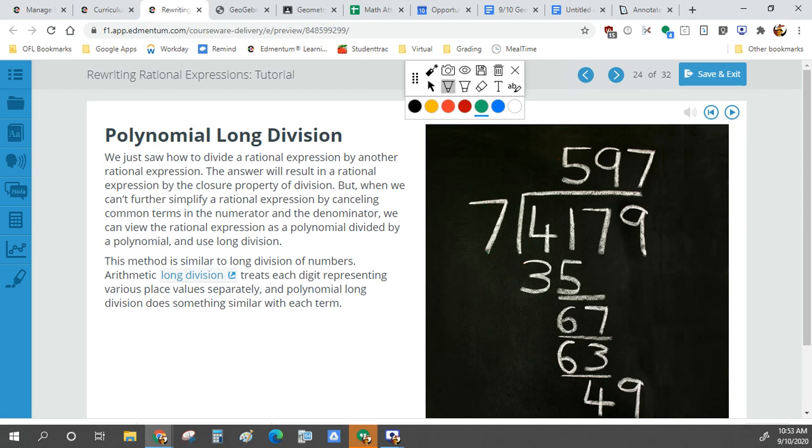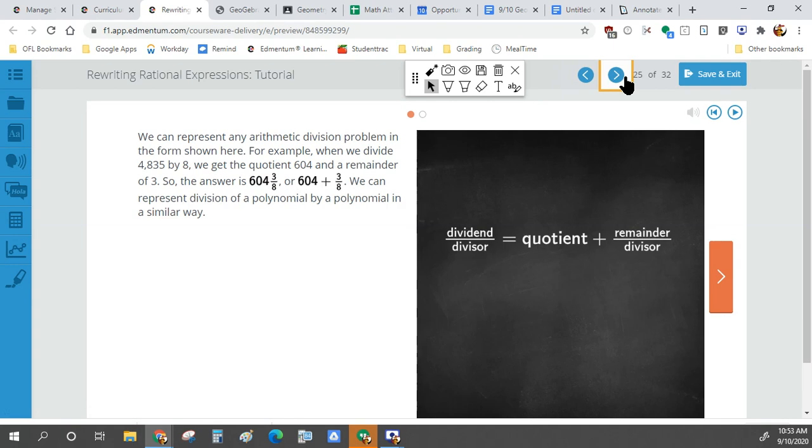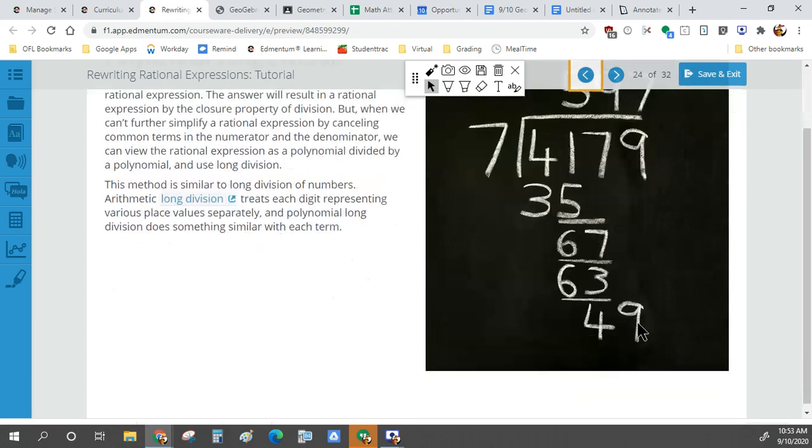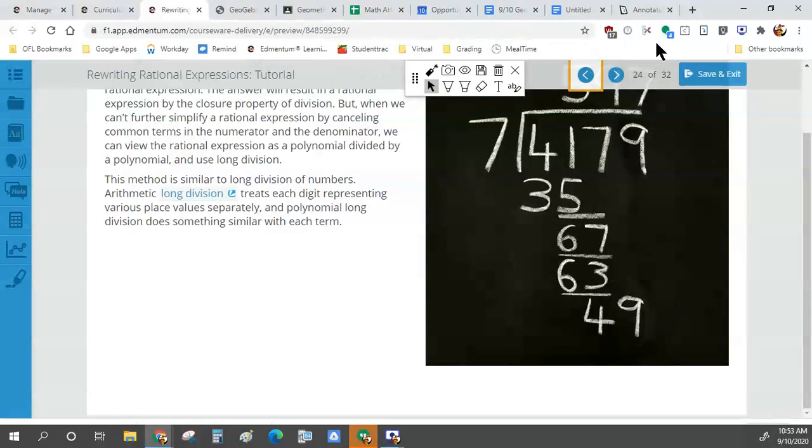We're going to do that with polynomials right now. The interesting thing about division is if you have a remainder, so for example, over here there was a remainder of 49, you would have to go to decimals.